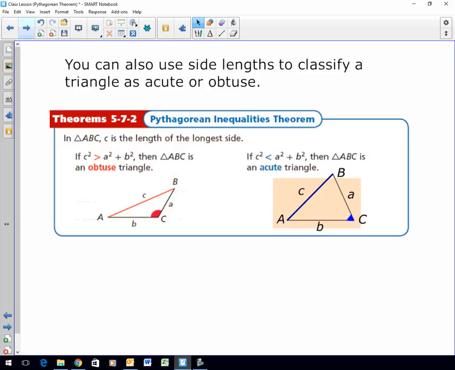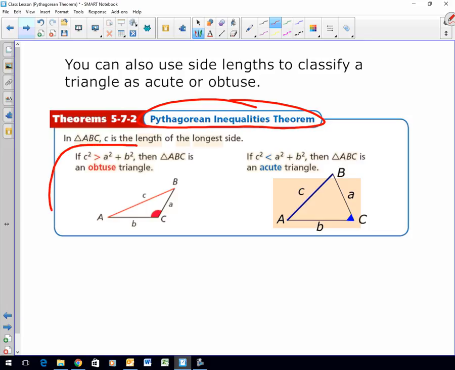So, what happens if I don't have that particular formula? This is the added portion for today. You probably want to write this down. This is our Pythagorean inequality theorem. Here's what it says.